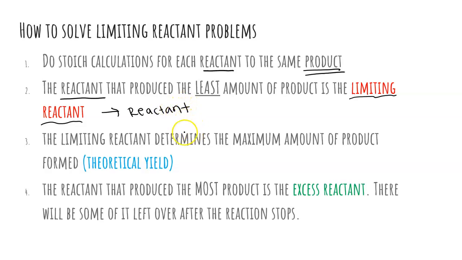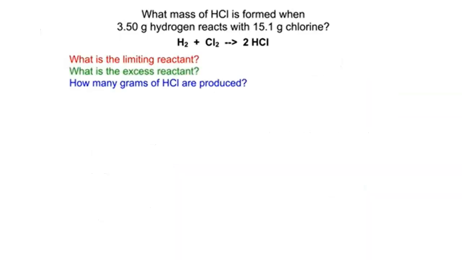The limiting reactant determines the maximum amount of product formed, which is also called the theoretical yield. The reactant that produced the most product is called the excess reactant, and there will be some of it left over after the reaction stops. So let's try a few problems.